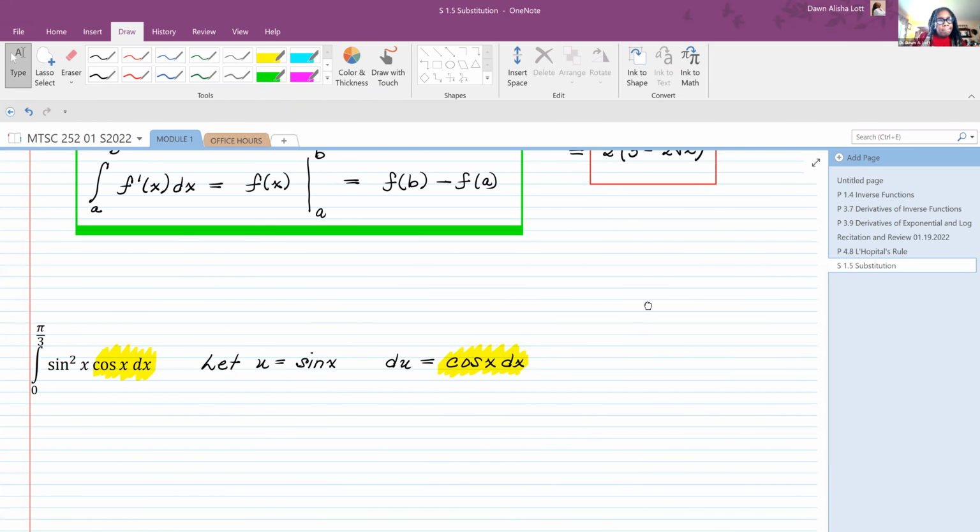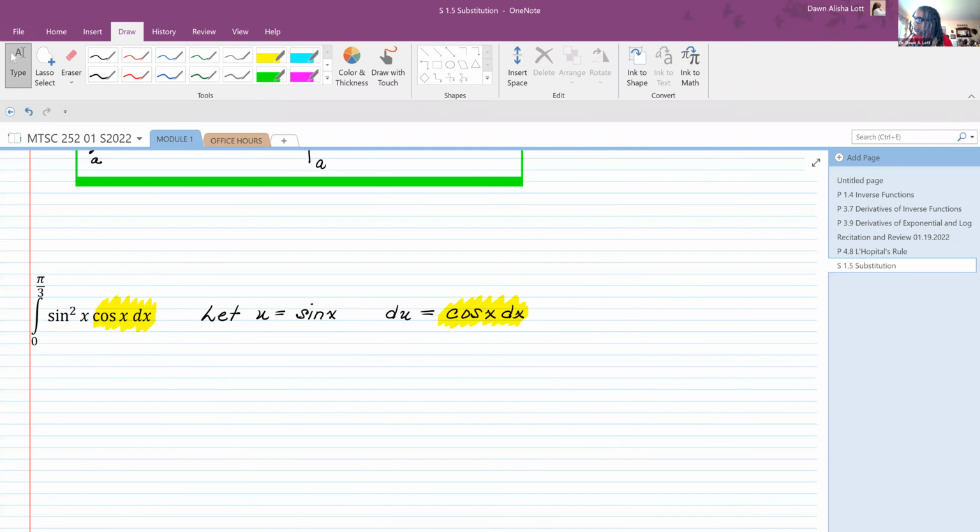Okay. So now I need to change the limits. If x is equal to 0, u is equal to sine of 0, which is 0.